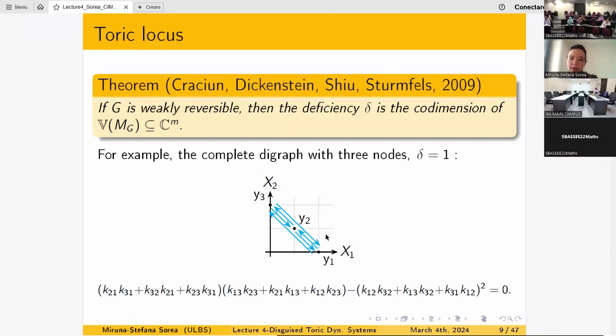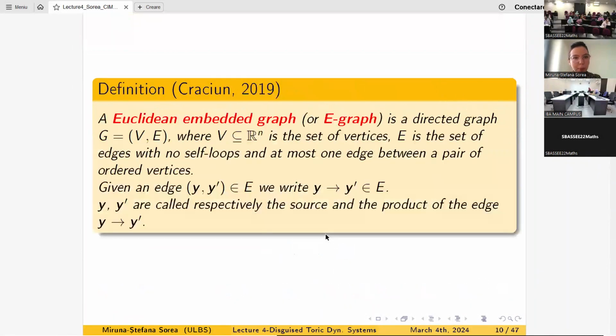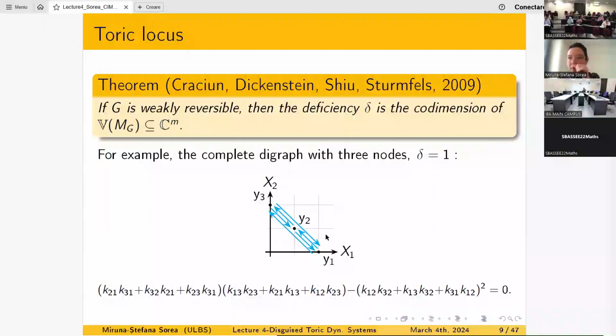So nice dynamics, as mentioned by Horn and Jackson, and we don't know anything about what happens outside this hypersurface for now. We just know what happens on here. So here will come our improvement, because we will find some more parameters outside this hypersurface that also give rise to the same nice dynamics.